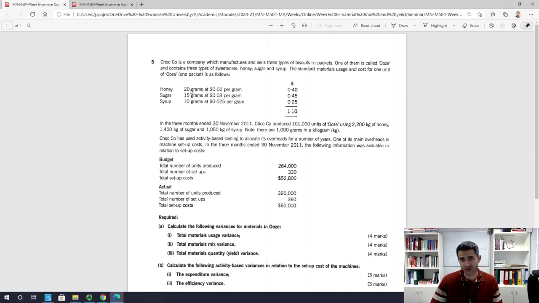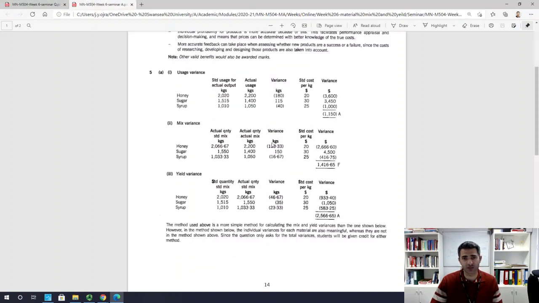So 20 divided by 45, is it 45 gram? Yeah. And if you multiply by the 4,650 kilogram total here, you should be able to find the same answer. So once we've got the kilogram here, the difference is 133.33, and if you multiply by the standard cost per kilo, this is 2,666.60, and that's the variance.